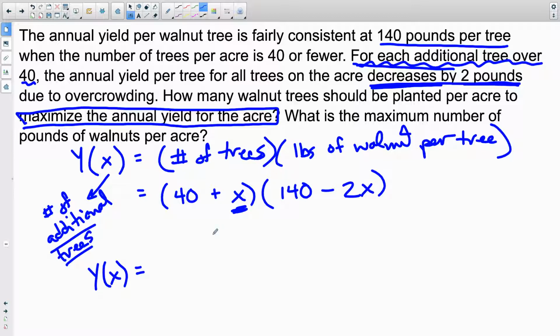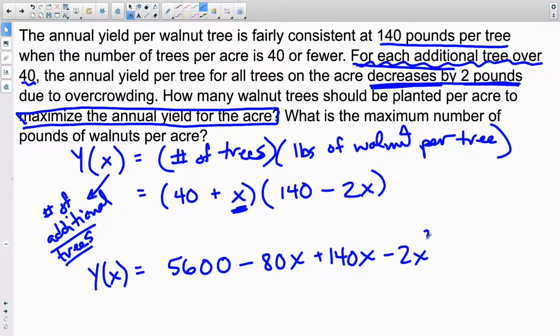So we're going to FOIL here. 40 times 140 is 5,600. 40 times negative 2x is negative 80x. X times 140 is 140x, and x times negative 2x is negative 2x squared.